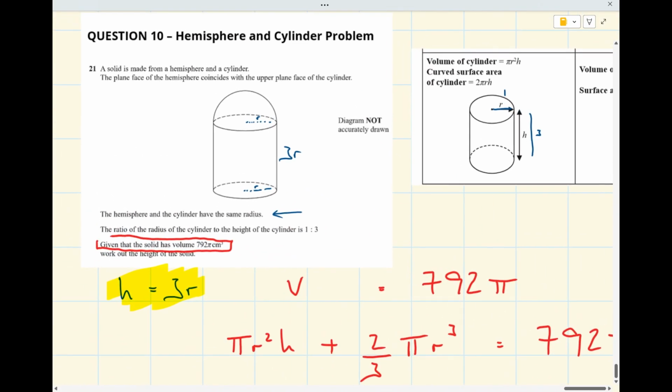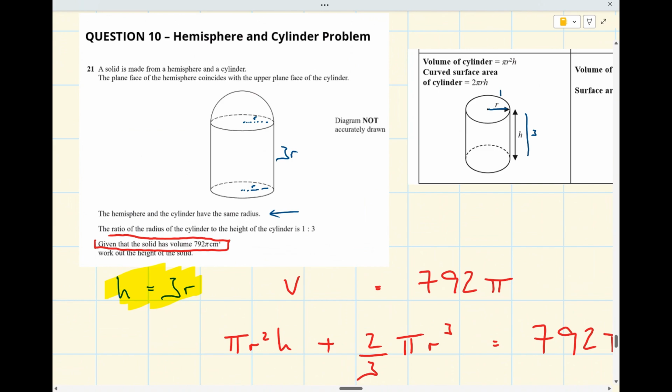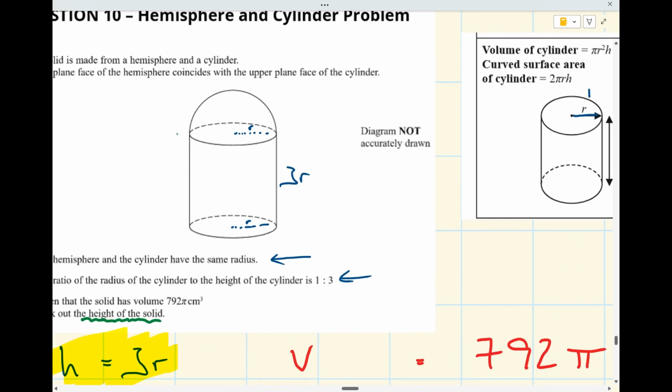Be careful. Given that the solid has a volume of that, work out the height of the solid. Now, the height of the solid, is that this height? Which, by the way, is 3r. 3 times 6 is 18. No, it's this height.